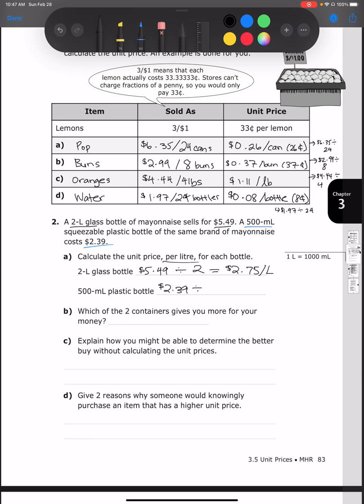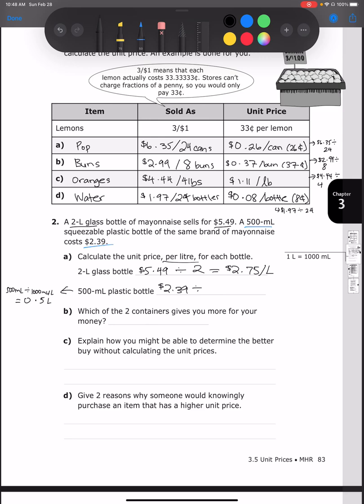Well, we have 500 milliliters, right? But this whole question is asking us to find the unit price per liter. So the unit of measurement that we need is liters. So what we're going to have to do is convert 500 milliliters to liters. To convert from milliliters to liters, you divide by 1,000.